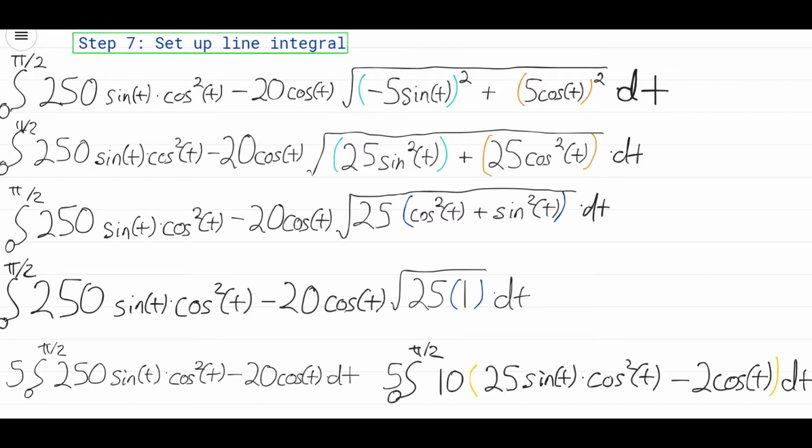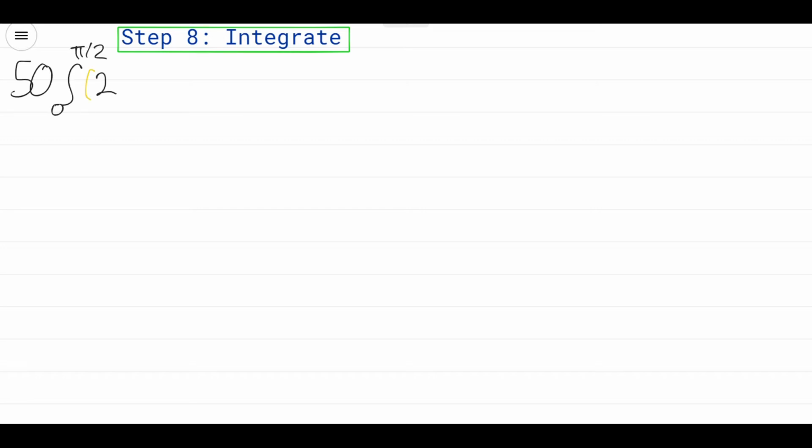And now that we have our line integral set up, let's integrate it. So 10 times 5 is 50. So I'm pulling out the common factor, so we can simplify this to 50 times the integral of 25 sine of t cosine squared t minus 2 cosine t times dt.